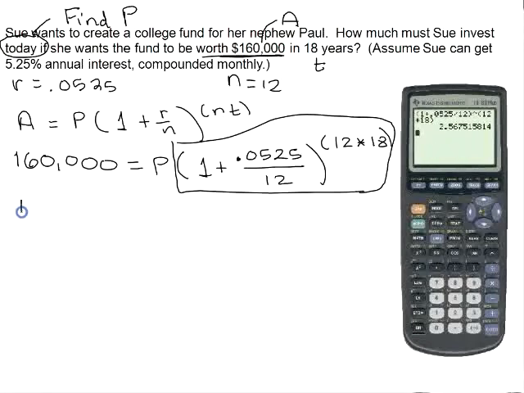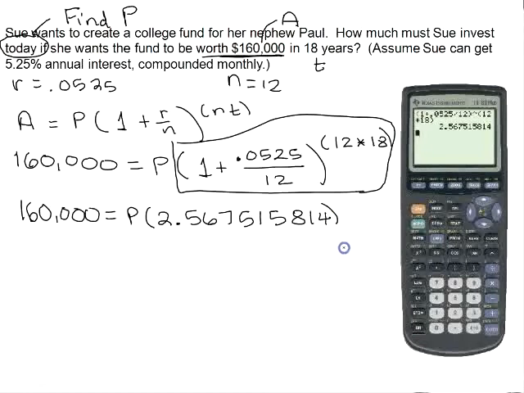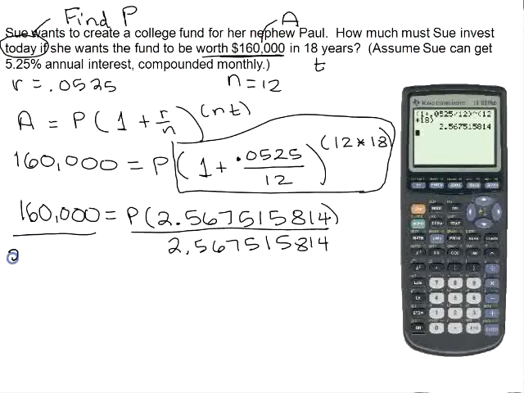So what we have is 160,000 equals P times 2.567515814. Now we want to solve for P, so we're going to divide both sides by this number, 2.567515814.